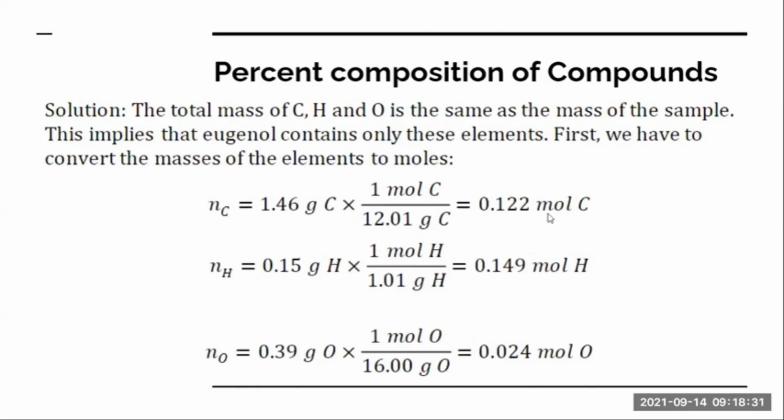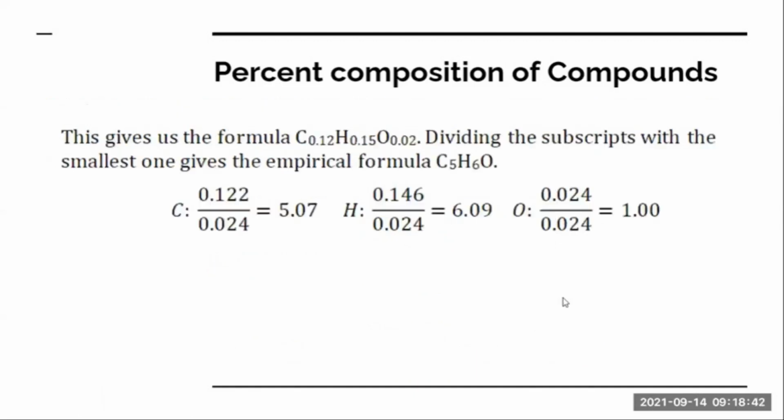Converting it to moles, we have 0.122 moles of carbon, 0.149 moles of hydrogen, and 0.024 moles of oxygen. This gives us the formula C0.12 H0.15 O0.02. Again, divide by the smallest number. The smallest number in this case is 0.02, but in the solution here, they use 0.024.